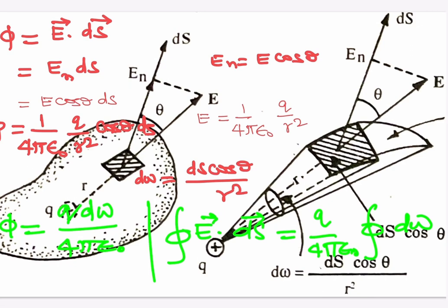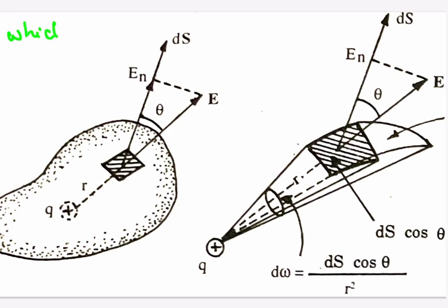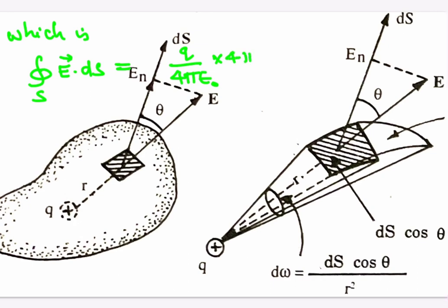Now, since we know that the total solid angle surrounding the charge q is equal to 4 pi, this reduces to surface integral E dot ds is equal to q by 4 pi epsilon naught into 4 pi, that is equal to q by epsilon naught.